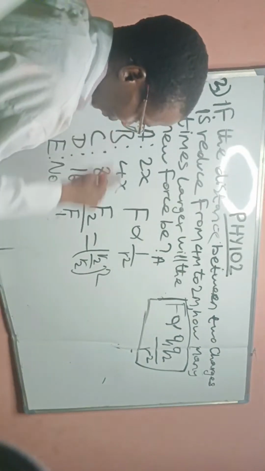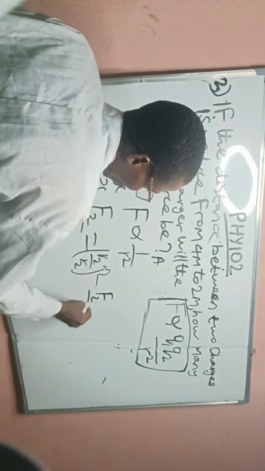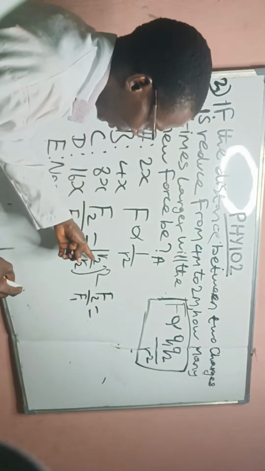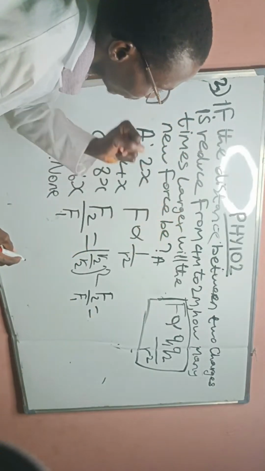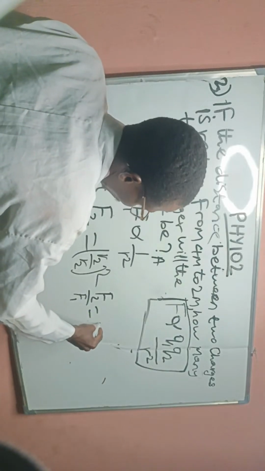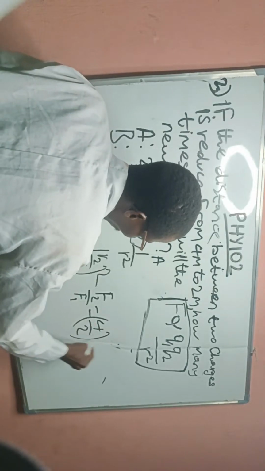Now, F2 over F1 is equal to 4 over 2, all to the power of 2.